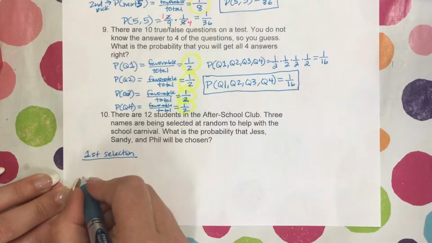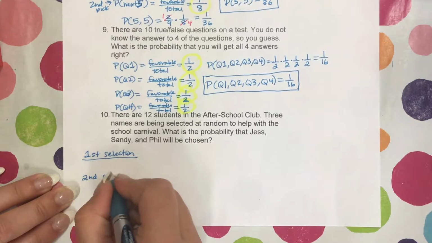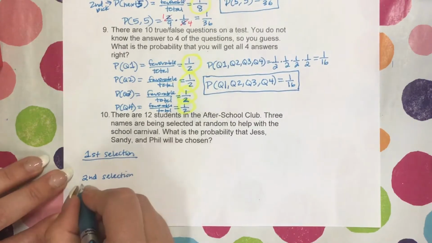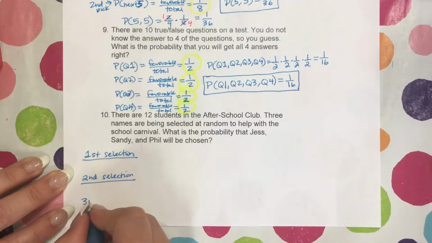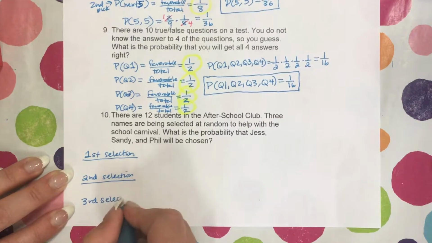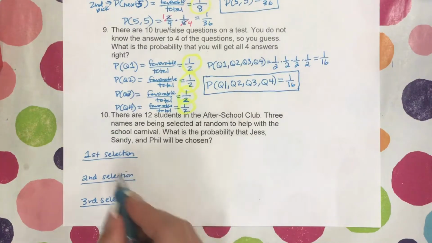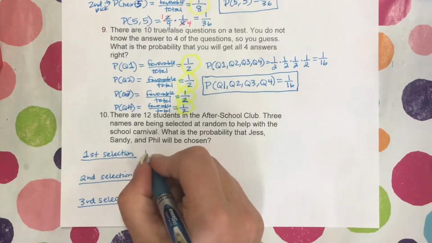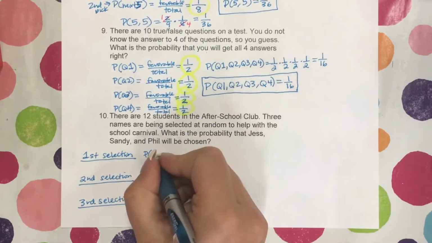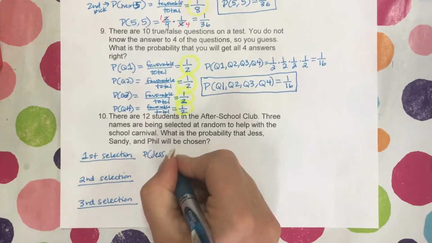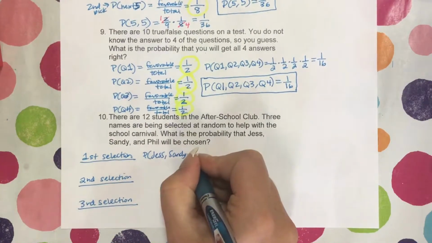There's the second selection. And then there's going to be a third selection. Okay. So on the first selection, what is the probability of picking Jess, Sandy, or Phil?